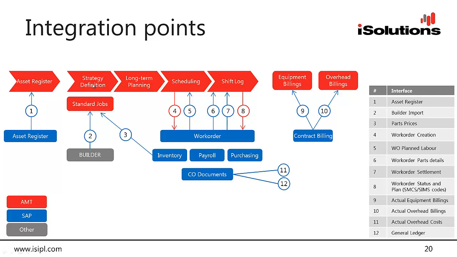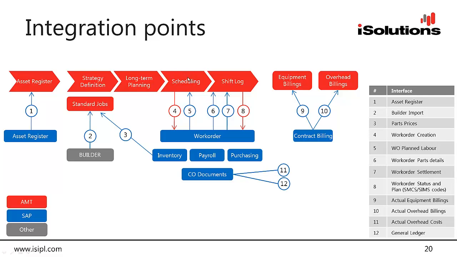Having defined the strategy in AMT, we feed into the long-term planning process so that component change-out schedules are maintained in AMT, and that's really in that core lifecycle costing functionality. And that then feeds through into your short-term scheduling of work.